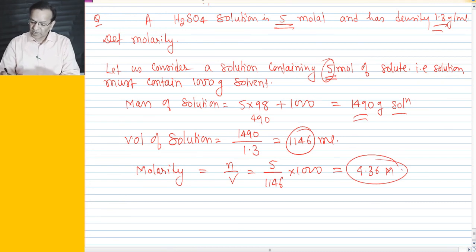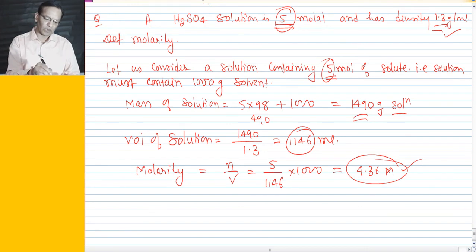Here molarity is less than molality. Will it be true all the time? No. It will depend on density. Density of the solution will decide which unit will be greater. Either can be greater.